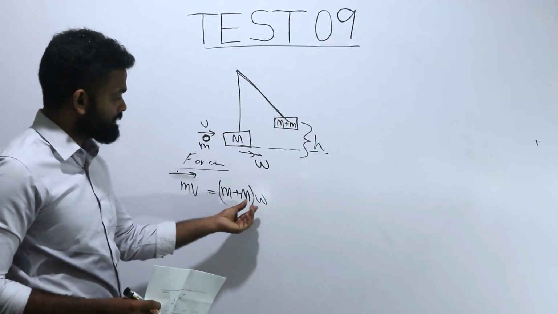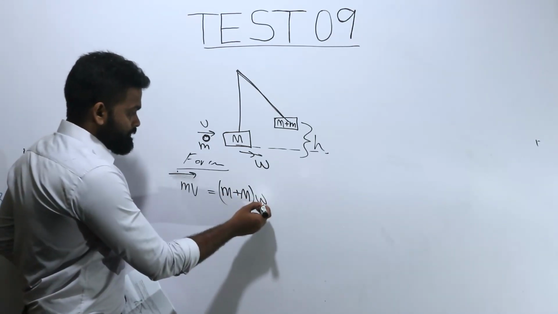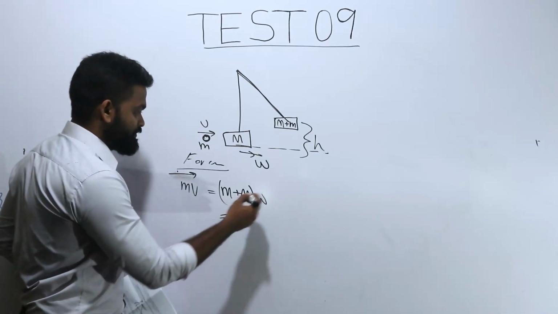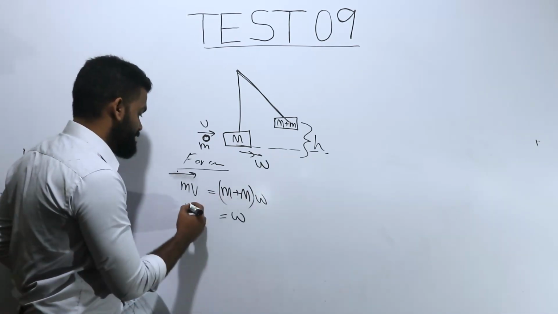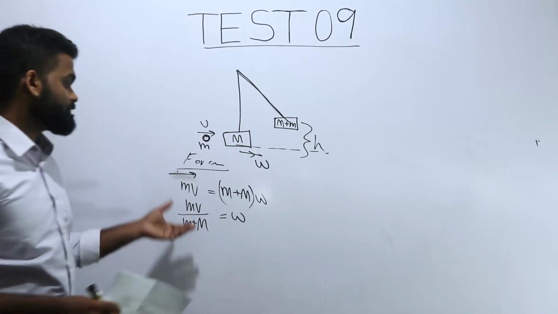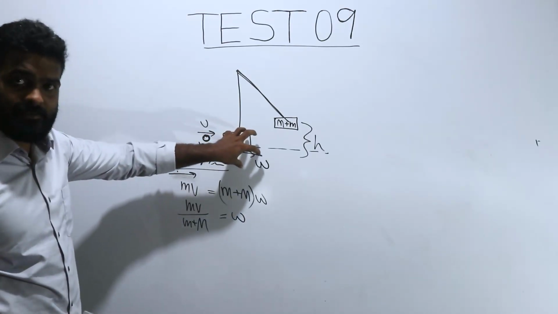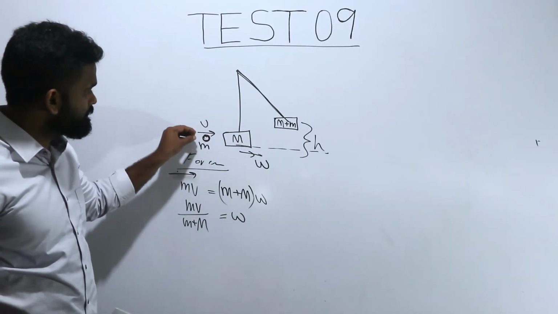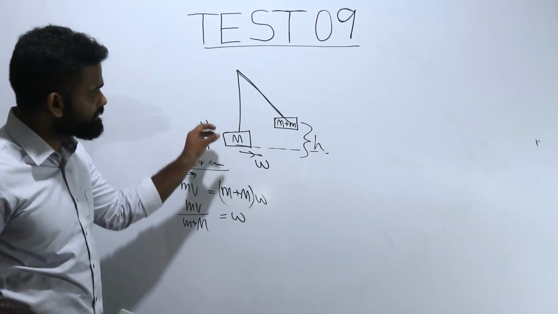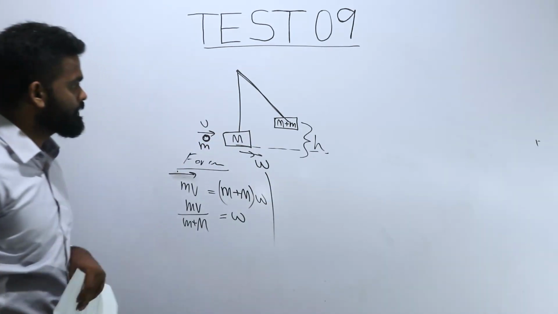So this is the momentum after collision. We need an expression for this w, which we will use later. So w is equal to mv divided by small m plus capital M. So this is the velocity of the system at this instant when the bullet hits the block. We'll keep that for now.